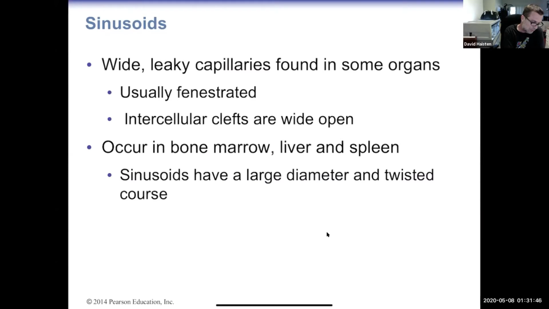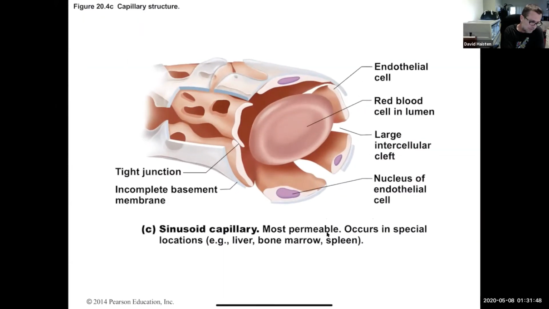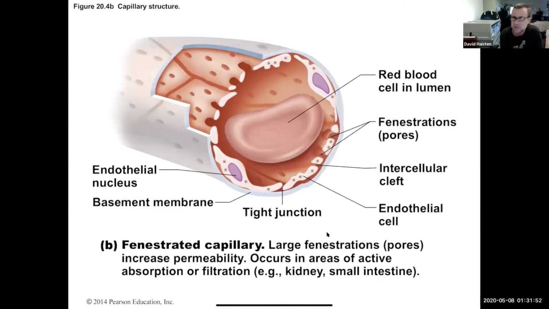That's where I screwed up. Yep. Okay, so fenestrated. You see all these holes? So we have that in addition to intercellular clefts. So large fenestrations, pores, increase permeability. So in your kidneys, small intestines, active absorption or filtration.